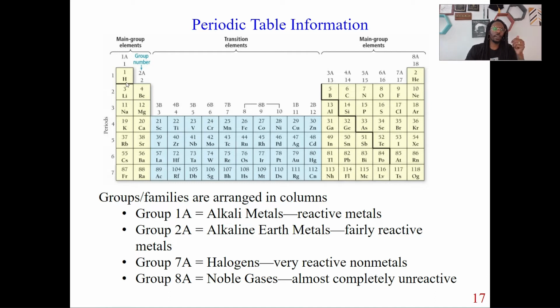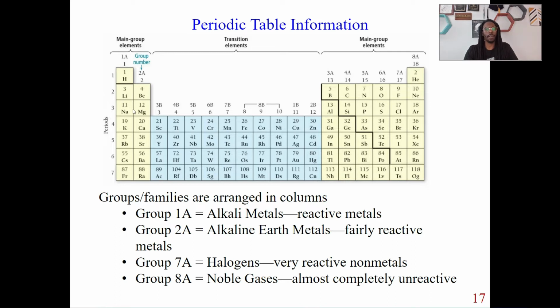So anyway, the first group is group 1A. We're going to get to 1A in a bit when we talk more about ions. But for now, just remember that if you ever see 1A on the periodic table, that's the group number. Group 1A is the alkali metals. This entire column, starting right here.